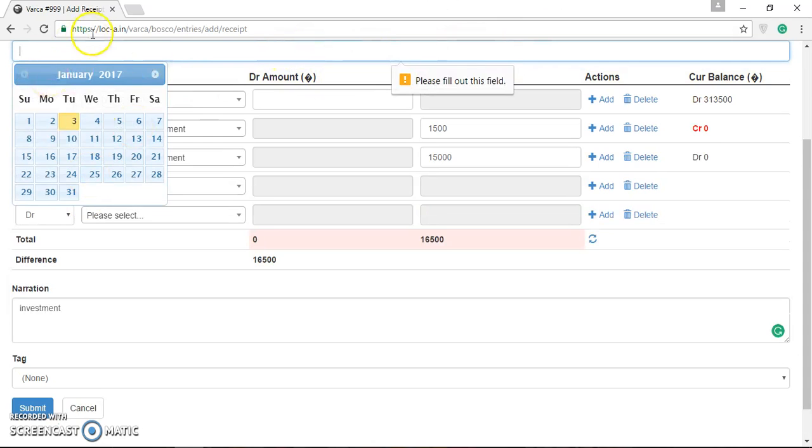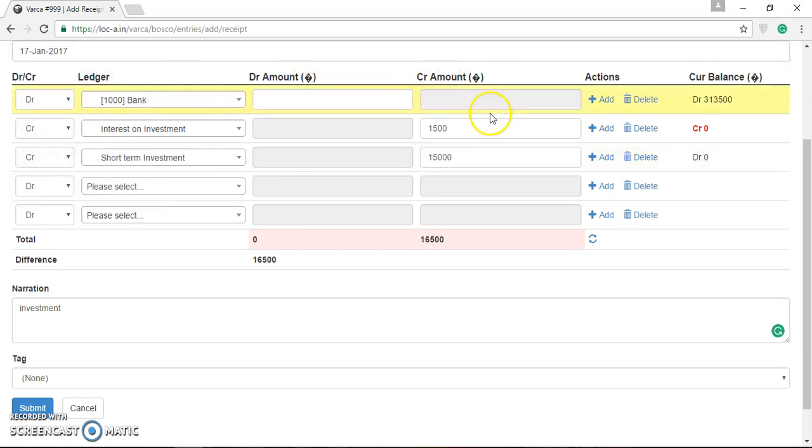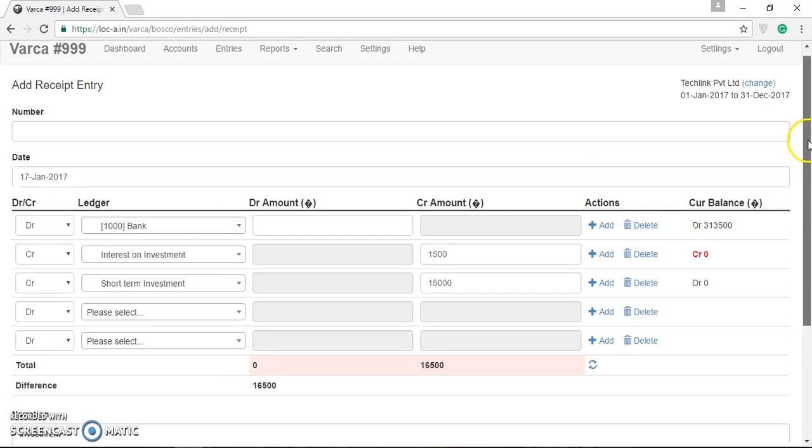We missed out on the date column, so hence it is asking us to get the date.